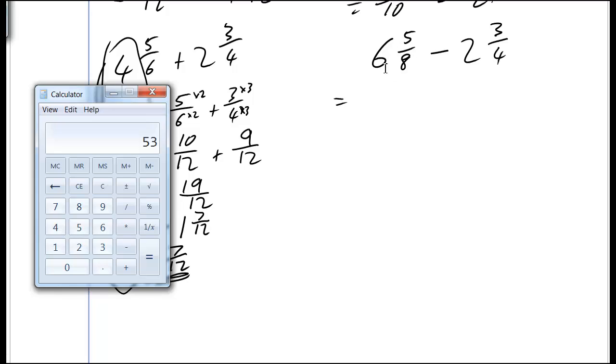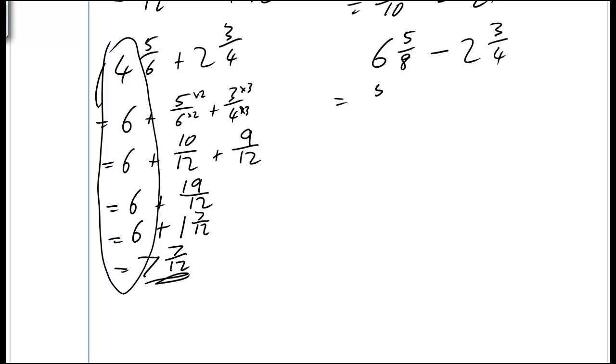So 6 and 5/8 is equal to 53 on 8 as an improper fraction. Do the same for 2 and 3/4. I won't need the calculator for this one. 2 times 4 is 8, plus the 3 is 11, so that's 11 on 4.